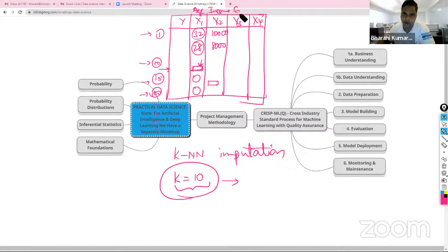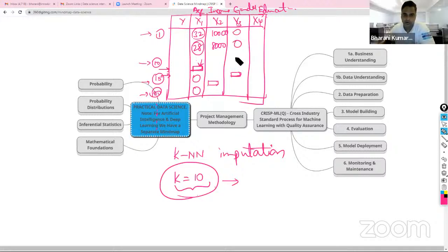And if you have a categorical variable such as gender or education, and you have a value missing in a specific observation, then if you do k equal to 10, the 10 nearest values to this observation where the value is missing would be calculated.